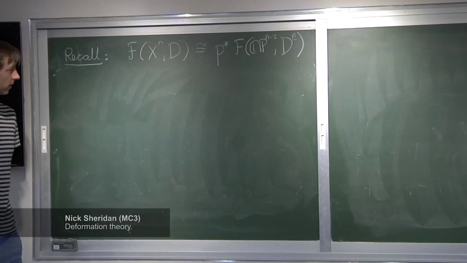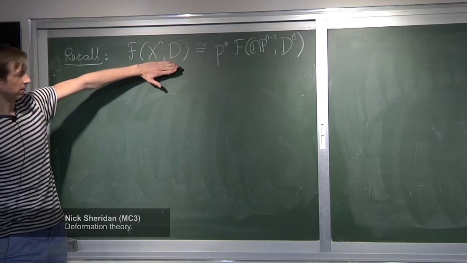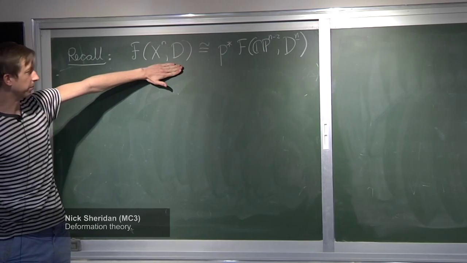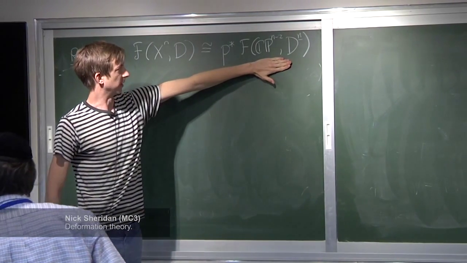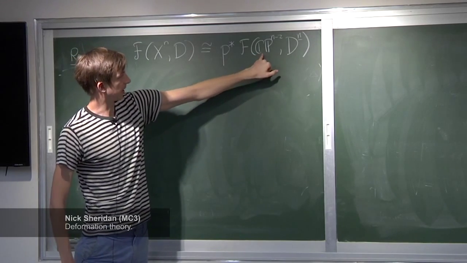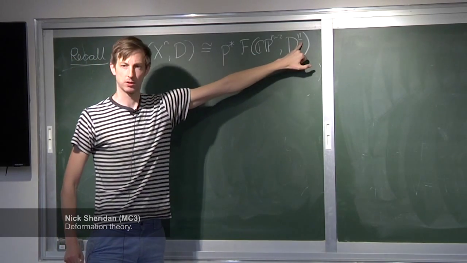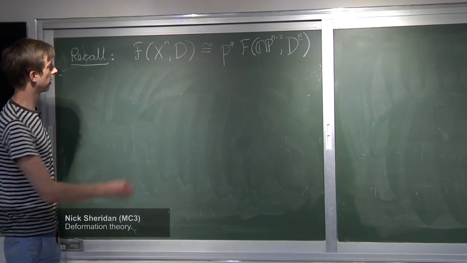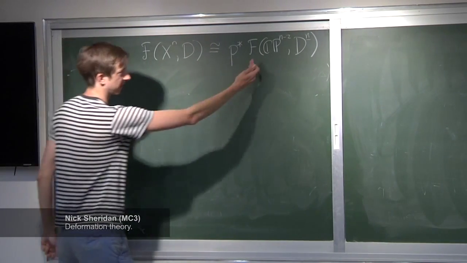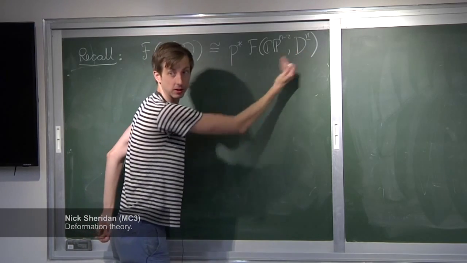We had worked out that the category we're really interested in computing can be obtained from this Fukaya category of projective space with some orbifolding around these hyperplanes. And so we started trying to understand this one, which is simpler.